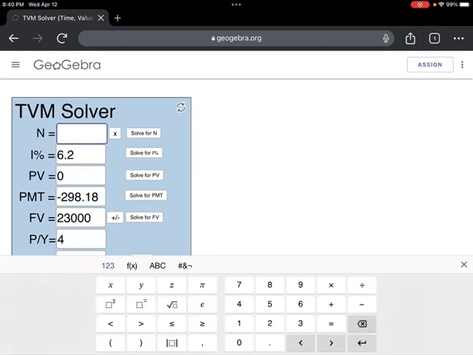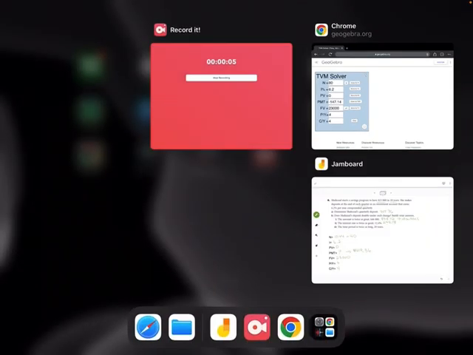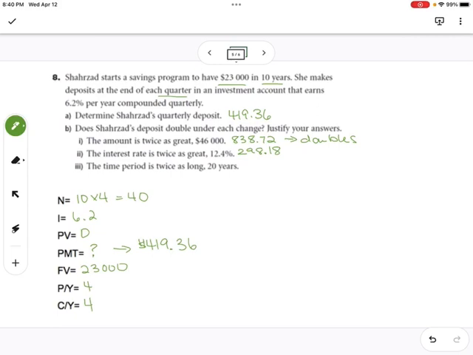Okay, everything else staying the same, changing our N to 80 and looking at our payment is $147.14.